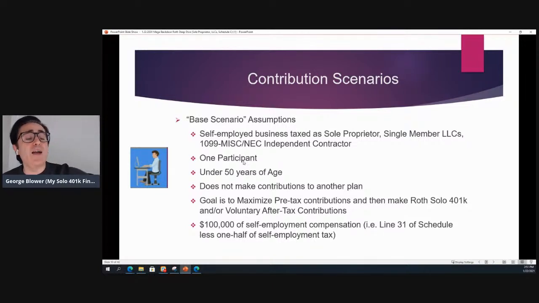Their goal is to first maximize the pre-tax contributions and then make Roth and/or voluntary after-tax contributions. And they have $100,000 of self-employment compensation. So they've done that pre-calculation where they've taken line 31 of Schedule C, less 1/2 of the self-employment tax, and that has produced a $100,000 figure. So how much can this person contribute?